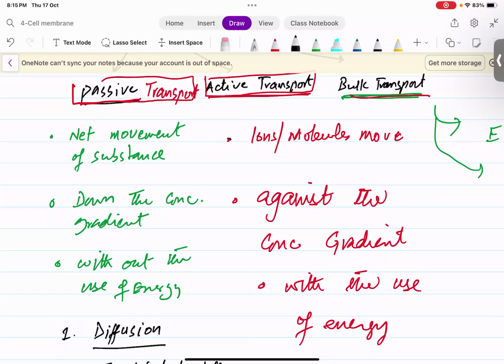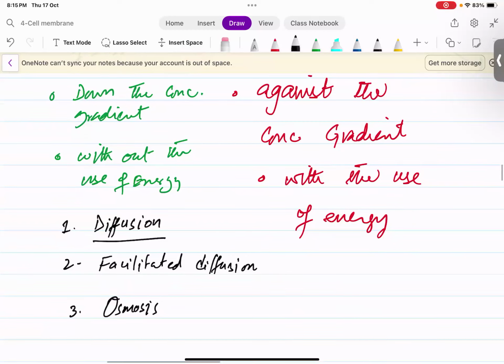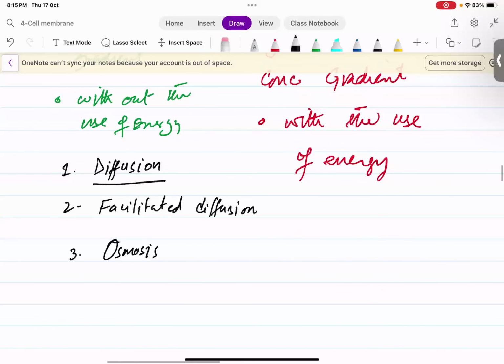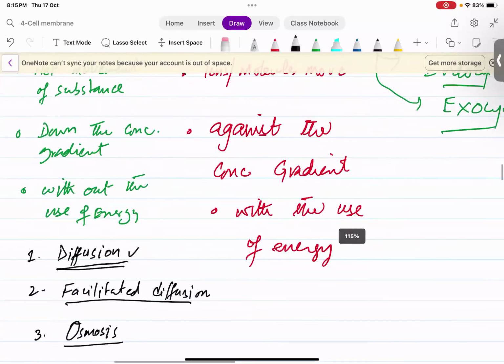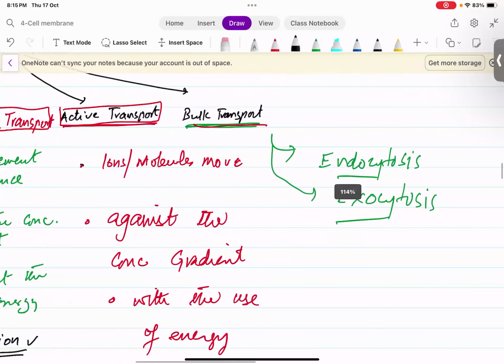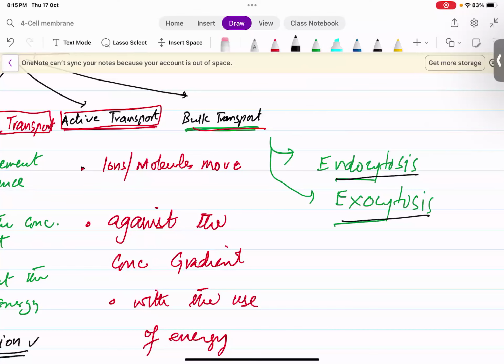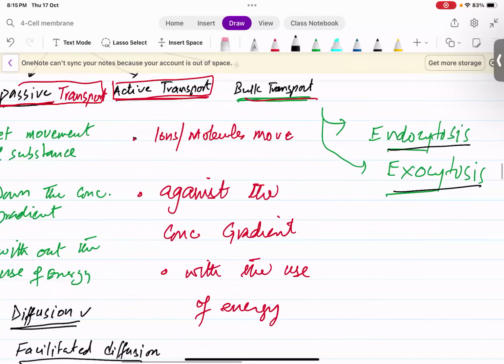We will discuss what down the concentration gradient and against the concentration gradient mean. There are three examples of passive transport: diffusion, facilitated diffusion, and osmosis. And there are two examples of bulk transport: endocytosis and exocytosis. We'll discuss them one by one.